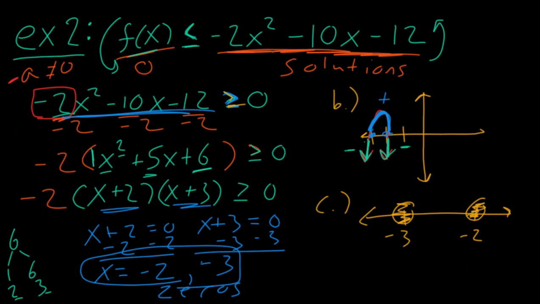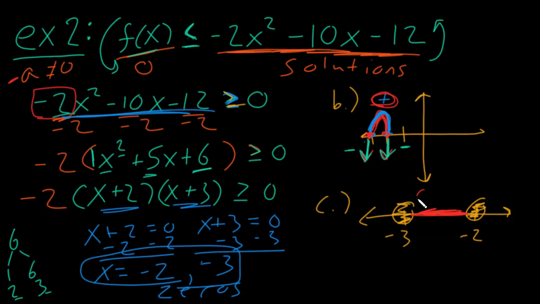Shade, shade, shade. Now, you ask yourself, hey, when I'm looking at this graph, where are these positive solutions? Are they in between the zeros, or are they on the outside of the zeros? And you can tell that, hey, this is everything that's in between the zeros. So we shade everything in between. And you'll notice that this gives us a different way to write our solution.